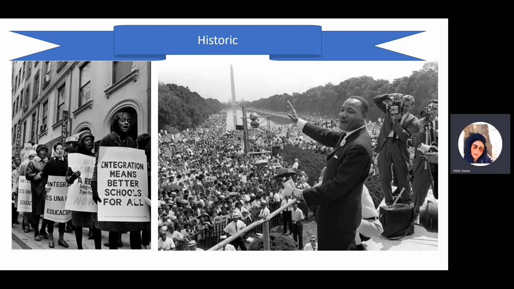So you can look at the information inside the photograph to try to tell what it was about. And the one on the right is a photograph that we see over and over again in the media. It was taken of Martin Luther King when he gave his speech. So those are called historic photographs.